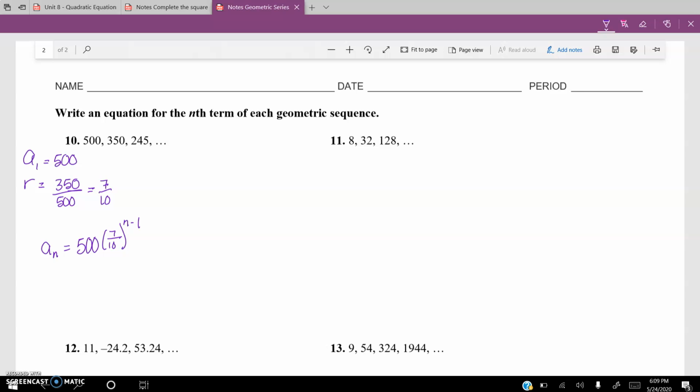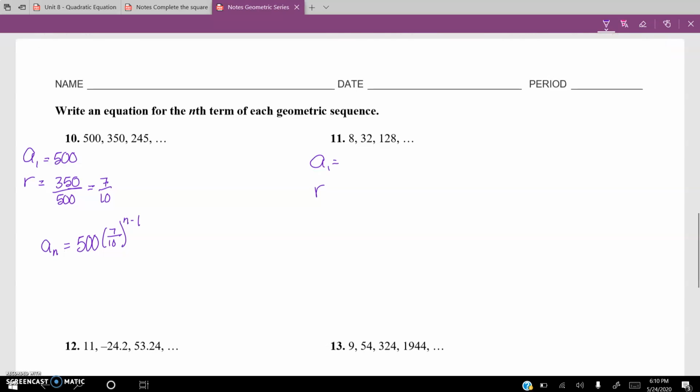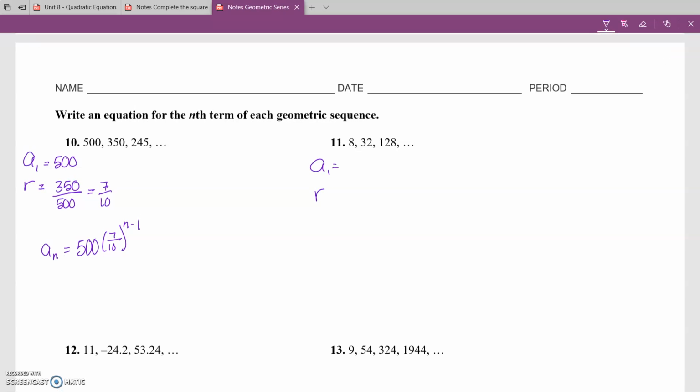Let's do that again for number 11. A1 and r. A1, I started at 8. How do I go from 8 to 32 though? 8 times what gets me to 32? 8 times 4?